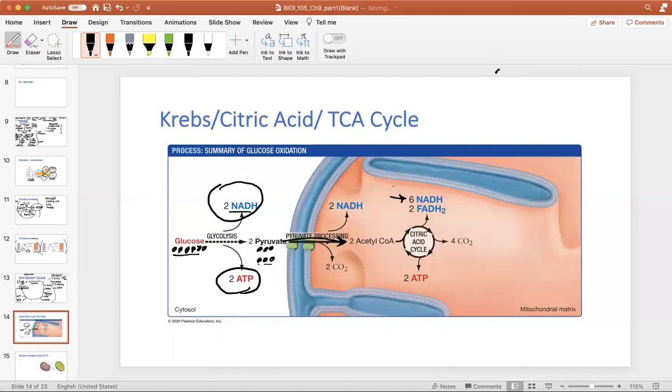Once they get into the mitochondria, another chemical reaction is going to occur, another enzymatic reaction. And this enzymatic reaction is going to result in our 3-carbon pyruvates being converted into 2-carbon acetyl-CoA molecules, like I drew for you before, okay? So you can see that going from 3 carbons to 2 carbons means we've lost some.